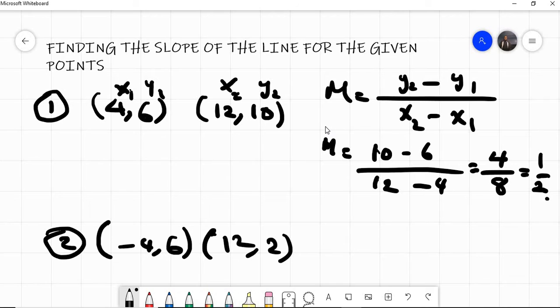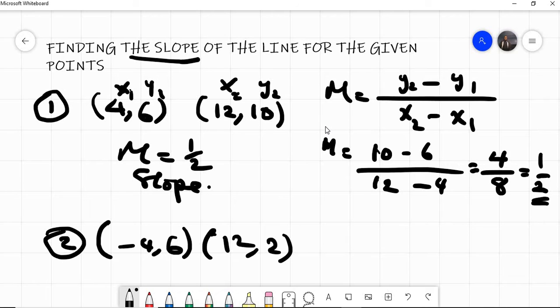So the slope of this is going to be half. We are asked only to find the slope, so we don't have to write the equation, just m. That's the way we solve.